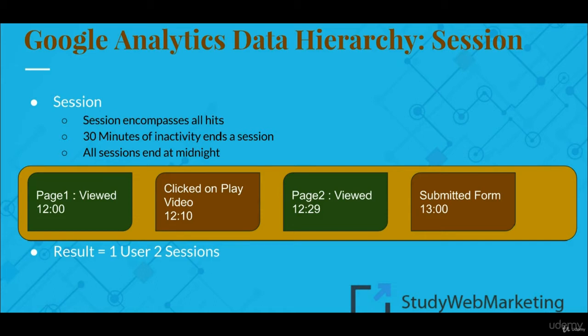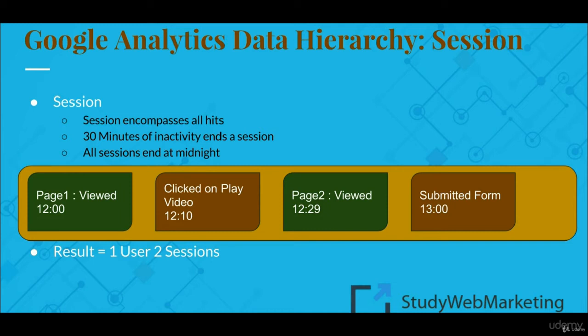So as per the session definition, every session ends after inactivity of 30 minutes. The last known activity for this particular user was at 12:29, and at 12:59 that session ended, and the form submission which happened at 1300 hours will be part of the second session.